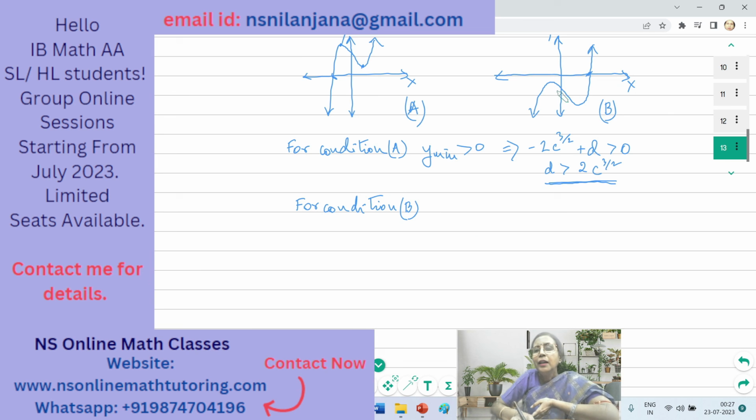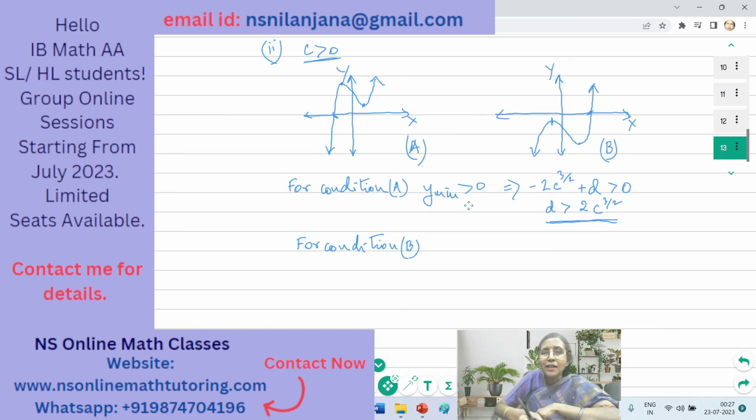for condition B, you are seeing that the y max is less than 0. If y max is less than 0, y min has to be less than 0. For this, we have to take the y max, because y max less than 0 implies that y min is less than 0. And what is the expression for y max?